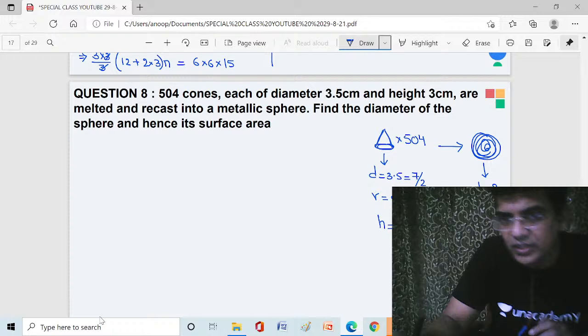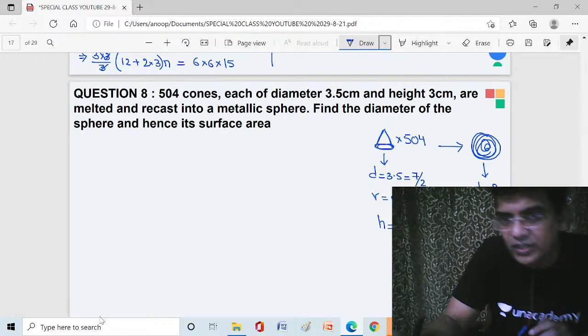So first what we will do, we will find volume of a cone. So the formula is 1 upon 3 pi r square h.